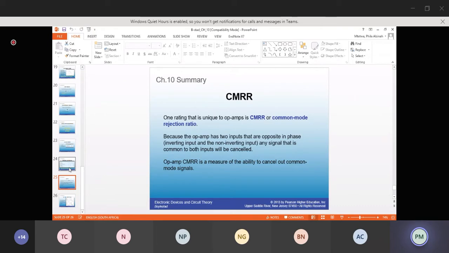So the difference between those two signals is what you denote as AD, which is the differential gain, and common gain is due to the common signals. There'll be noise imposed onto the signal. So that ratio, it's good to work it out, so that you are able to see how efficient your amplifier is in rejecting the unwanted signals.